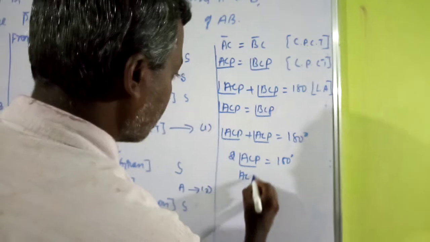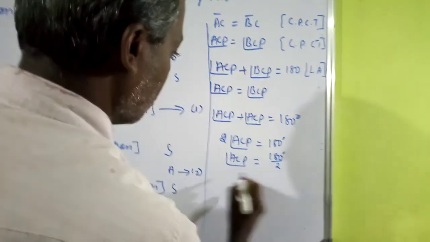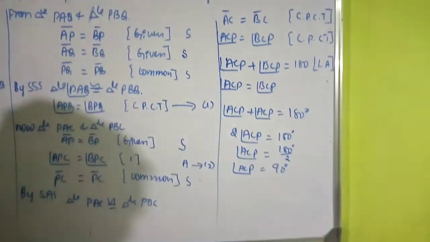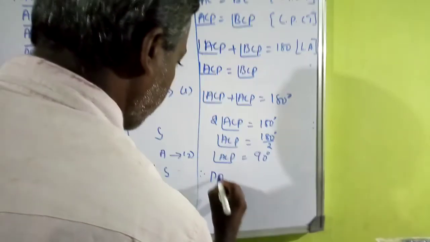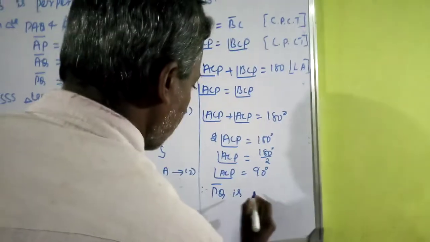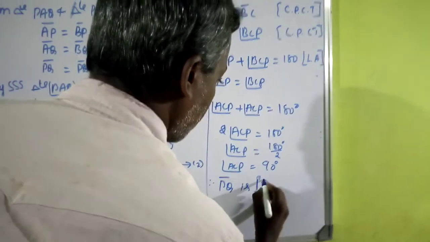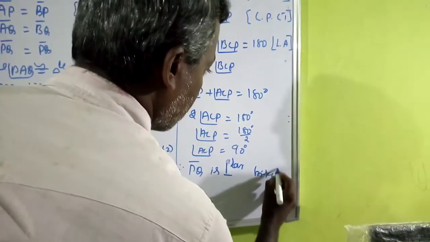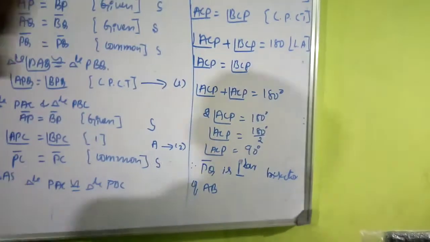Then angle ACP is equal to 180 by 2. Then angle ACP is equal to 90 degree. Now we can decide that side PQ is the perpendicular bisector of line segment AB. Correct, students?